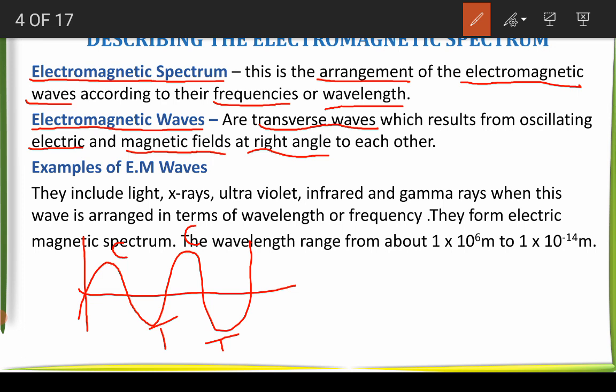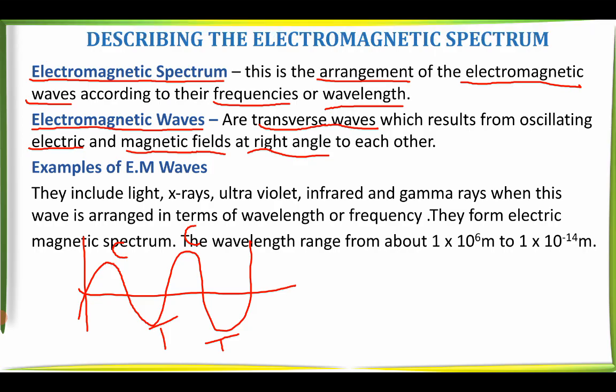So what are electromagnetic waves? They are transverse waves which result from oscillating electric and magnetic fields at right angles to each other. Take note of these definitions. They are very, very important.